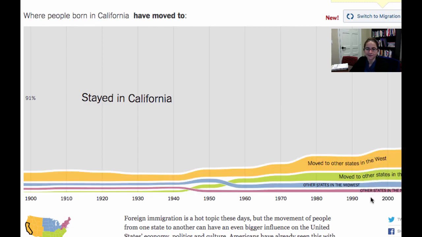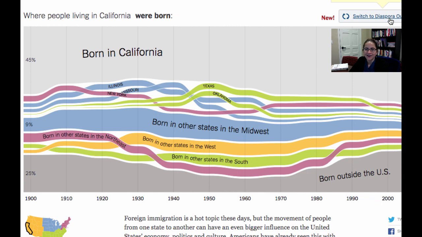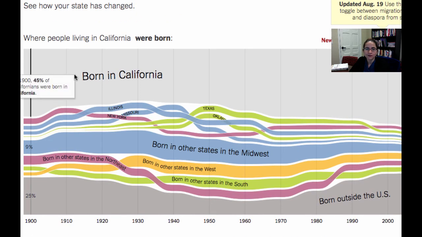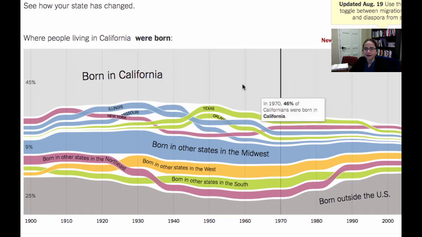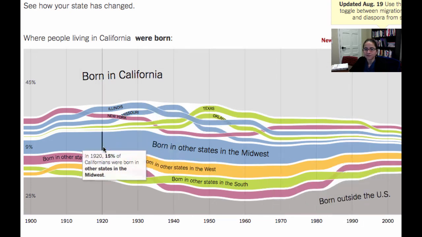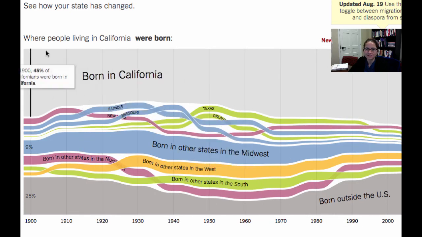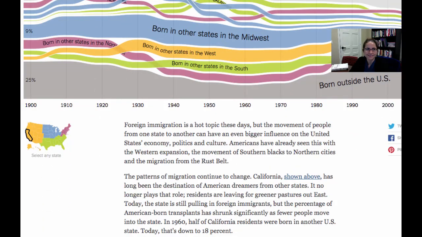I'm a California native. I am one of the very few, apparently, who was born in California and then moved to the Northeast. Whoops, I guess I'm unusual. If you look at people who are living in California, slightly less than half of them were born in California. You've got a lot of people who are moving into California. You can do this for, I believe, all of the states. It's a really cool graphic.